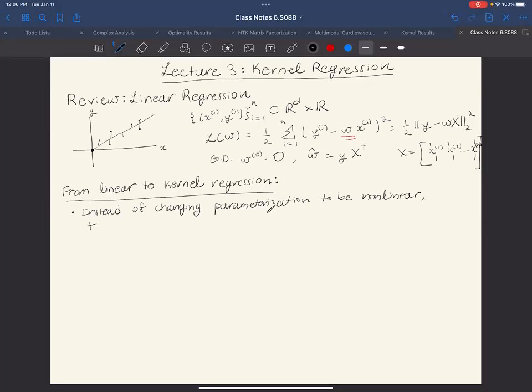So instead, transform the features xi nonlinearly.